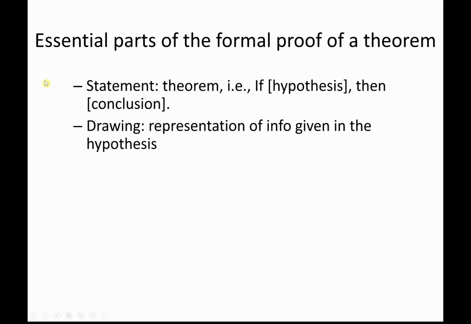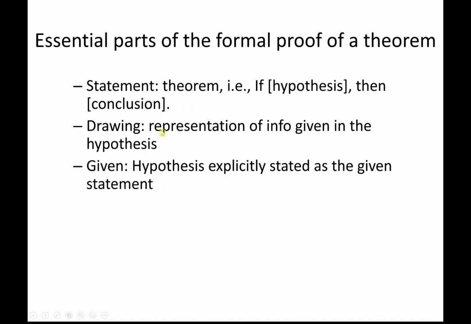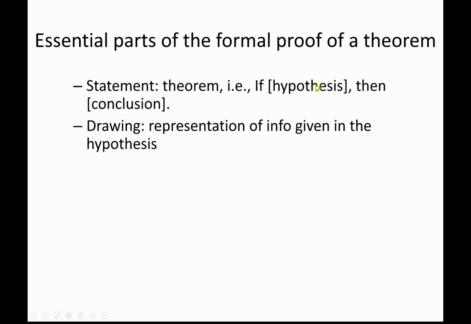From there, you can create a drawing, a representation of the info given in the hypothesis only, okay? One thing to be very careful about in creating a drawing associated with a theorem is to not incorporate any elements from the conclusion, because you have to arrive there by taking logical steps and justifying them along the way.